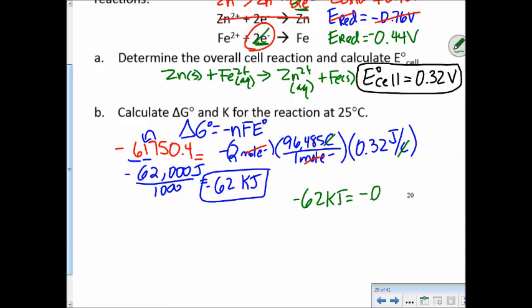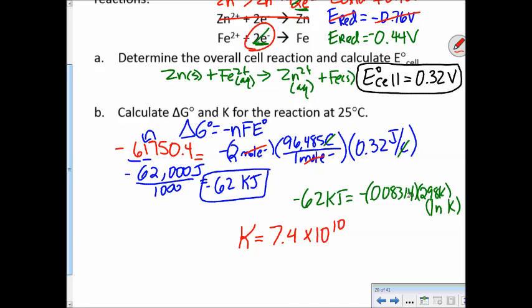Negative 0.08314, because we have it in kilojoules. And T is 25 degrees, so 298 K, and then ln K. And remember to use e to the x to undo the natural log there. And what do we get for our K value? Times 10 to the 10.